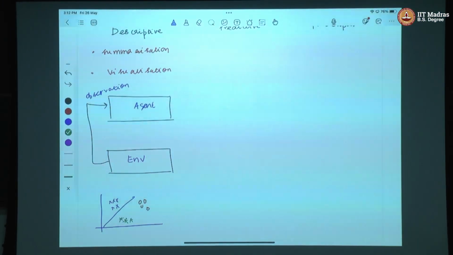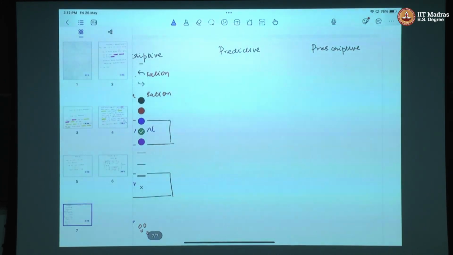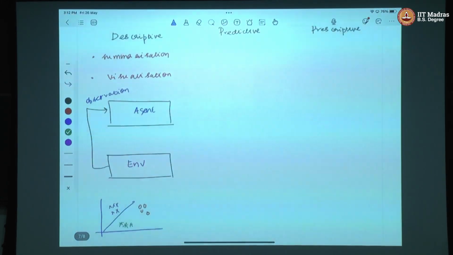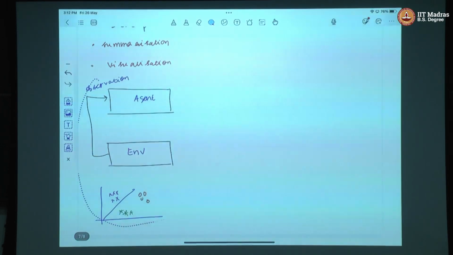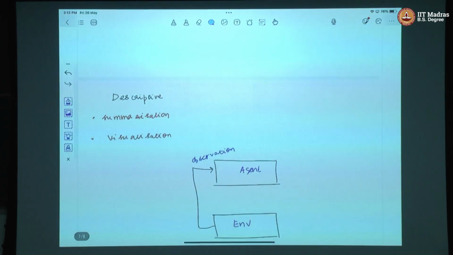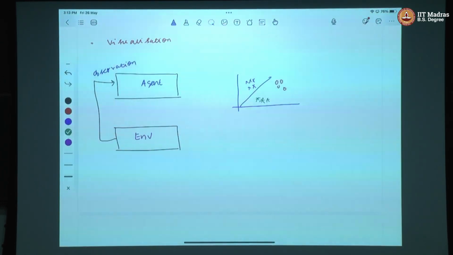Or suppose I give you some set of newspaper articles and you want to segregate them, saying some of this comes from politics, some from sports, and some is about cinema and so on.